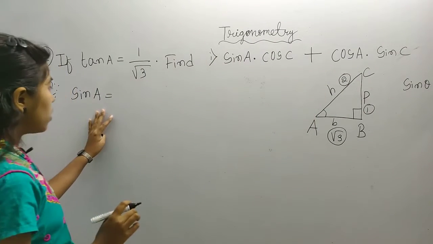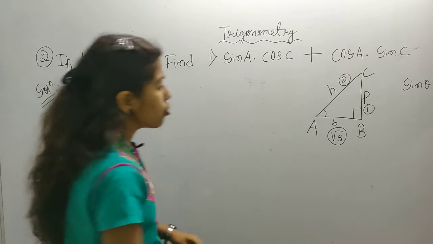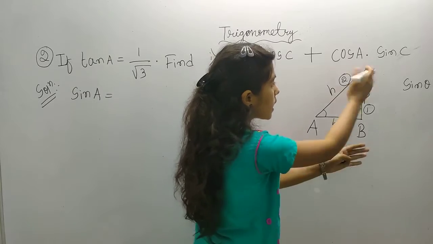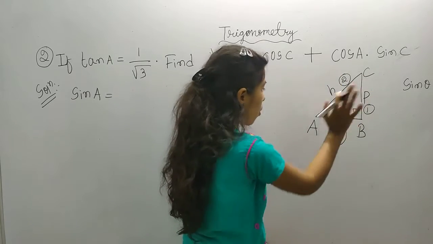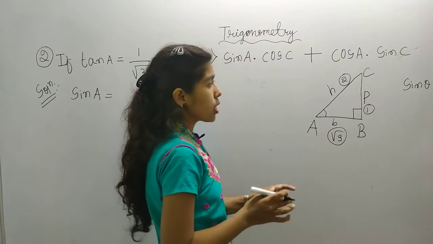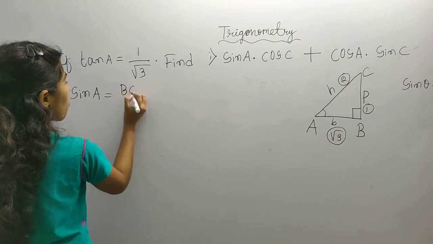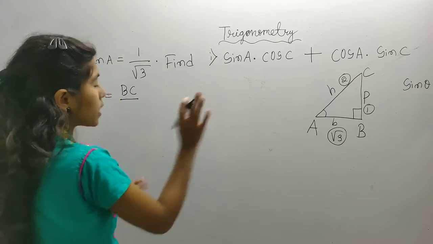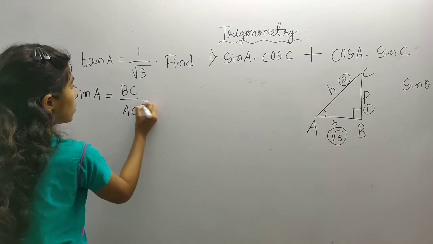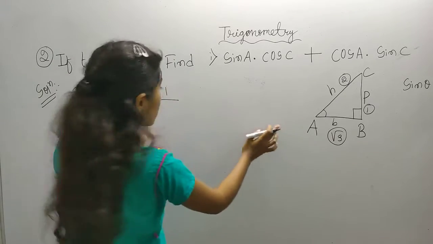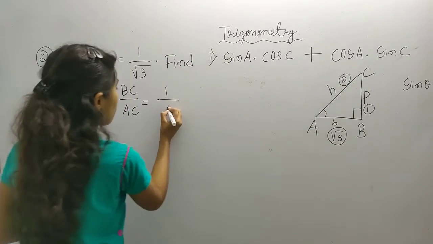Here our angle is A. So the opposite side to angle A is BC. So no doubt it is perpendicular, base, hypotenuse. So perpendicular is our BC by hypotenuse is AC. Then BC is 1, hypotenuse is AC, so 1 by 2.